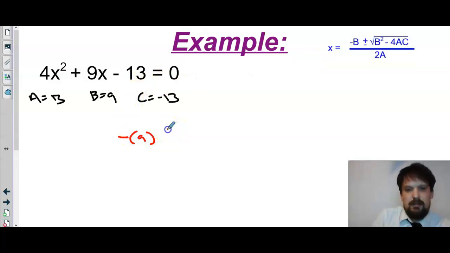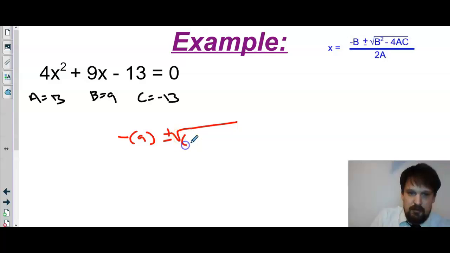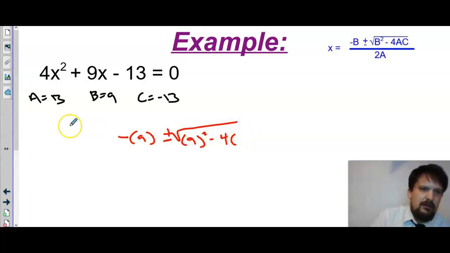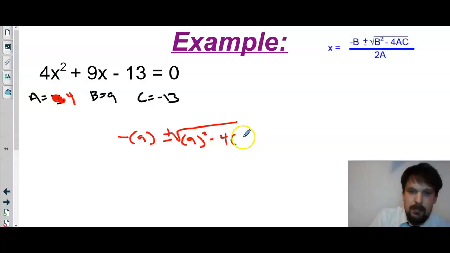This is just going to help you keep your signs straight. Plus or minus the square root of b squared, so 9 squared, minus 4 times a, which is 4. Sorry, a is 4.